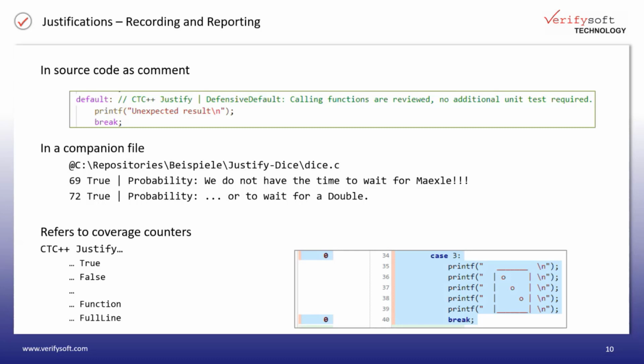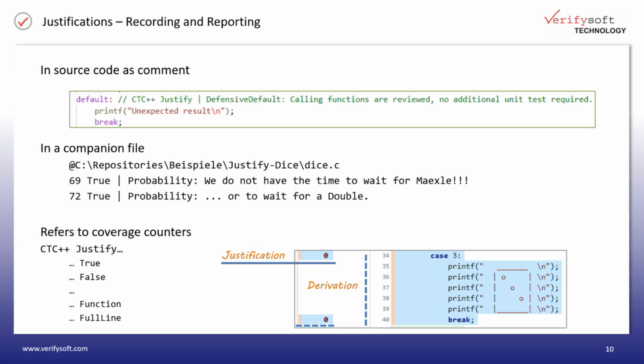I have an extended example to explain what we are doing with a justification again. In this case, I justified case 3 of our dice example. The justification belongs to the one hit counter of this case, and the CTC report derives a lot from this kind of justification.